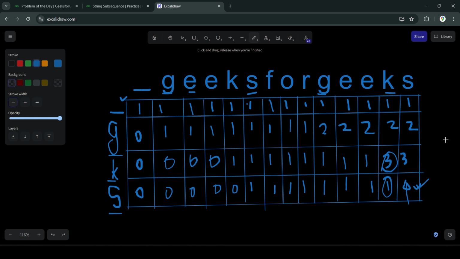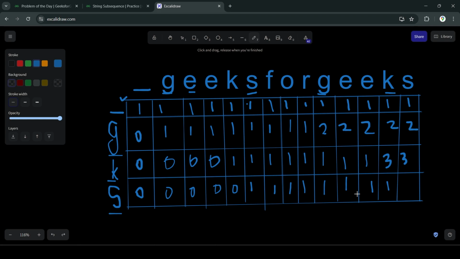Okay. So this is how we can solve this problem. Basically, in summary, we are just checking for the previous value that we are carrying forward. And if the element is matching, then we have to check for the previous one, excluding this K. So this is the approach that we have to follow.